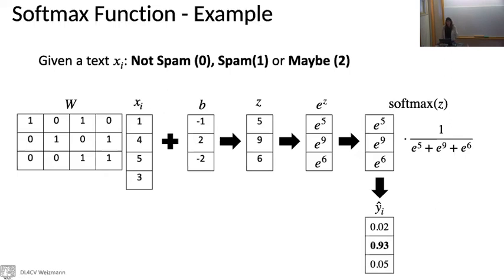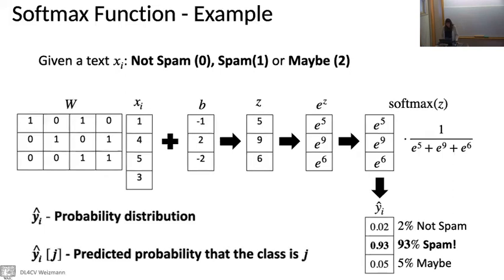So again, interpreted as probability. Again, only interpretation, intuition. The prediction says it is 93% spam, 2% not spam, 5% maybe spam. And in terms of intuition, we think of y hat as a probability distribution, and the J-th entry is the predicted probability that the class is J.